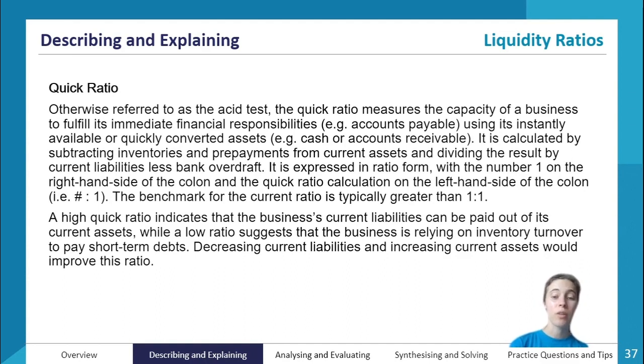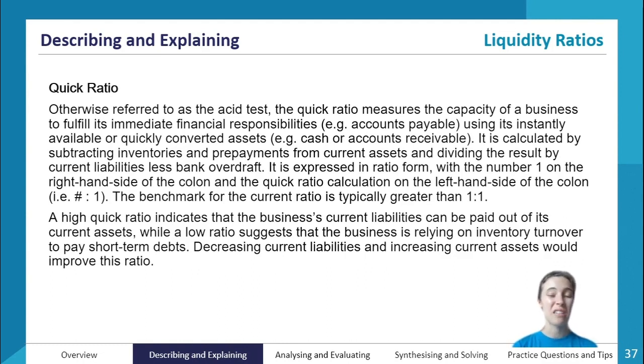A low ratio is going to suggest that the business is relying on inventory turnover to pay short-term debts. So it's relying on selling its products in order to pay those short-term obligations.